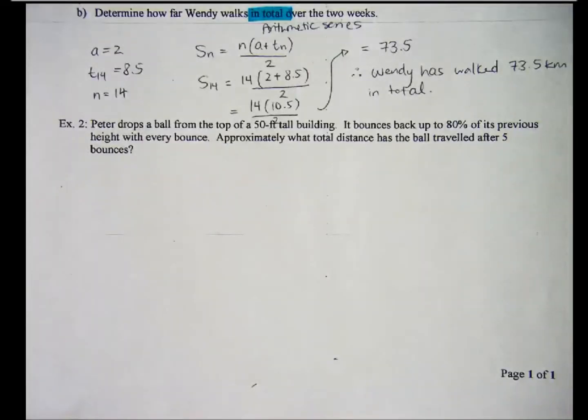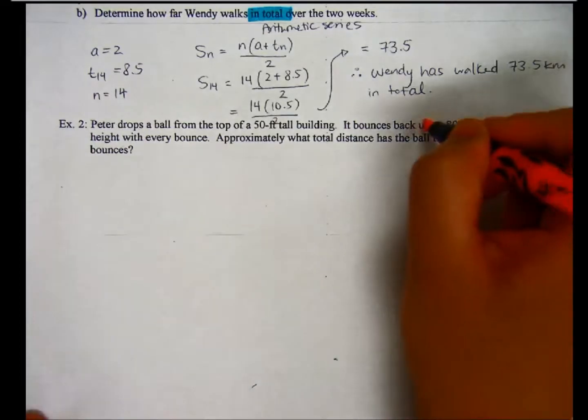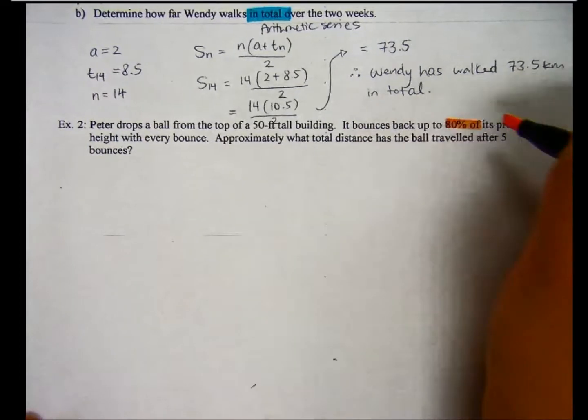Okay, we're at the bottom of lesson 7.3 with example 2. So Peter drops a ball from the top of a 50-foot tall building. It bounces back up to 80% of its previous height with every bounce. Approximately what total distance has the ball traveled after 5 bounces? So first thing, I see here back up to 80% of.